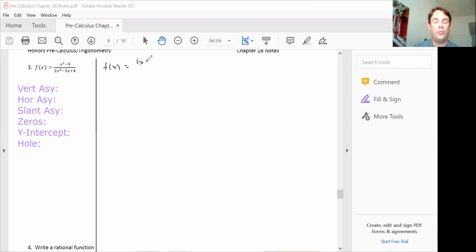So I got (x minus 3)(x plus 3). So since the denominator doesn't factor, to find my vertical asymptote, I got to set that equal to 0.